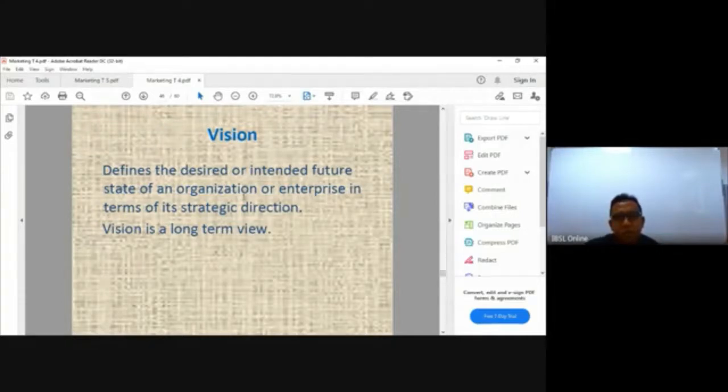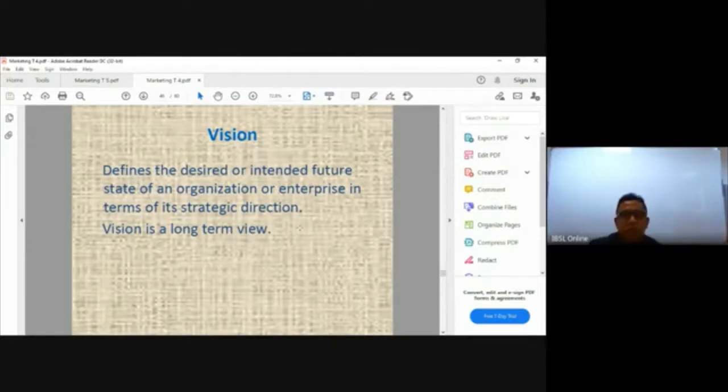Vision of a bank is that where does the bank want to be in maybe 10 years time or 20 years or 50 years time. So it's a long-term objective. It defines the desired or intended future state of an organization or enterprise in terms of its strategic direction, right?